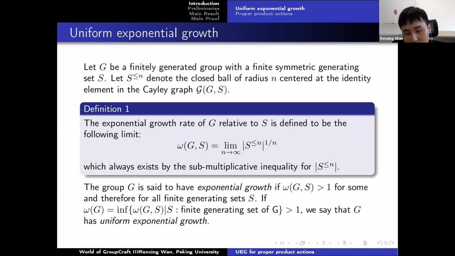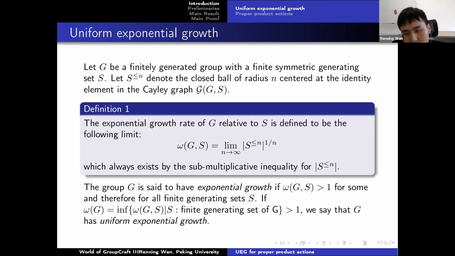Once we have this definition, we can say that a group G is said to have exponential growth if omega(G,S) is strictly bigger than 1 for some generating set S. One thing to mention is that if you have two different generating sets, for example S1 and S2, and if omega(G,S1) is strictly bigger than 1, then omega(G,S2) is also strictly bigger than 1.